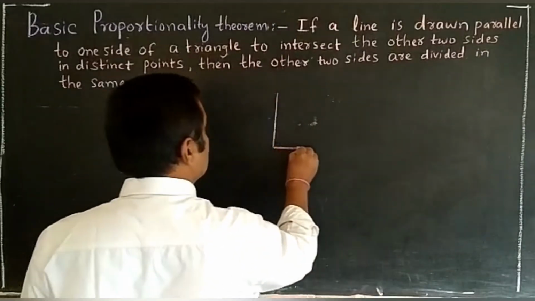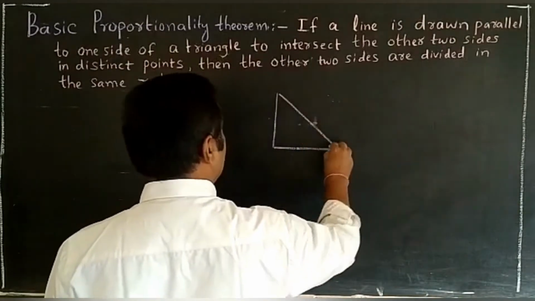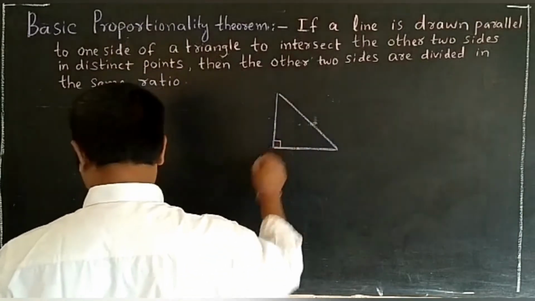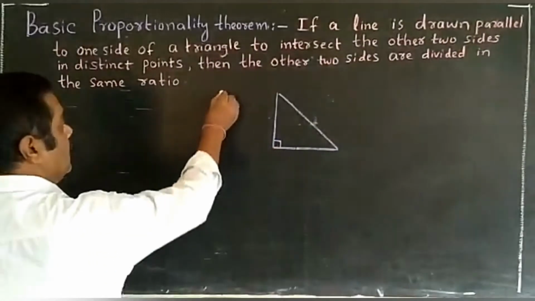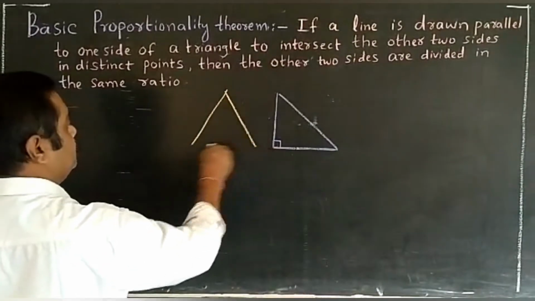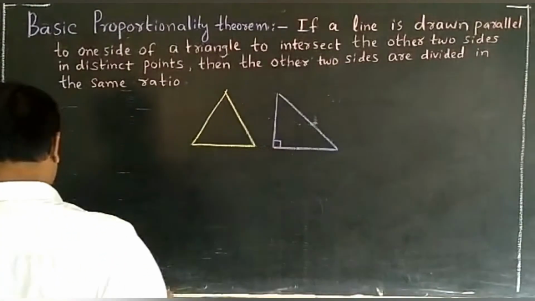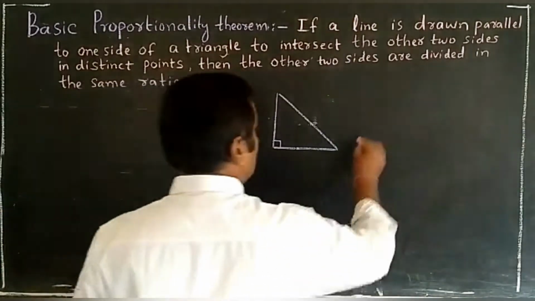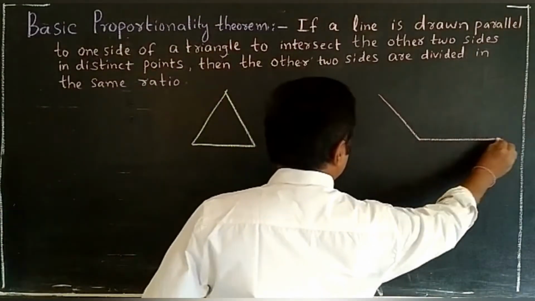Here, this is the right angle triangle, this is the acute angle triangle, and this is the obtuse angle triangle.